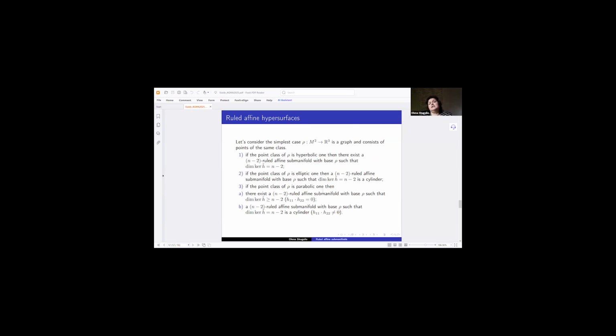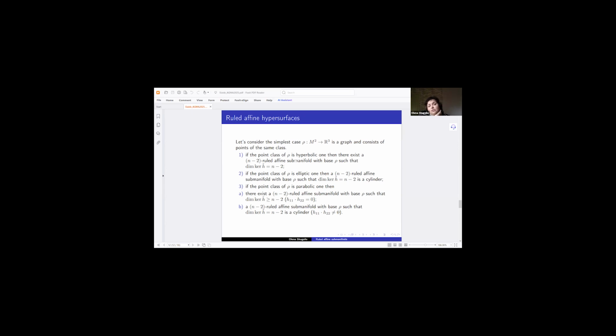Let's consider the simplest case when we have just one transversal vector, so we have a hypersurface. And we know that in this case, the surface is a two-dimensional surface in a three-dimensional space. So we have point classifications for such a surface. We obtained such a result.